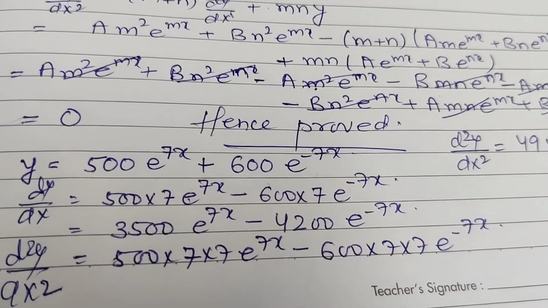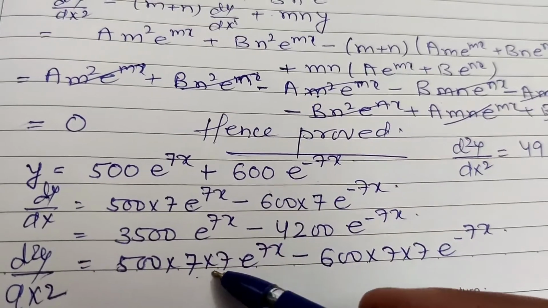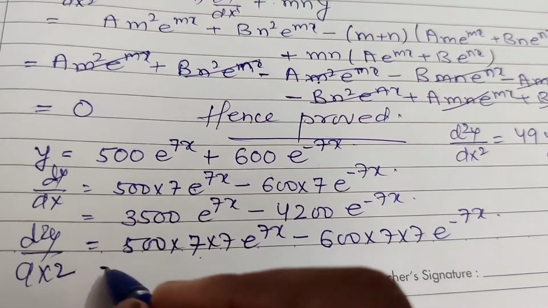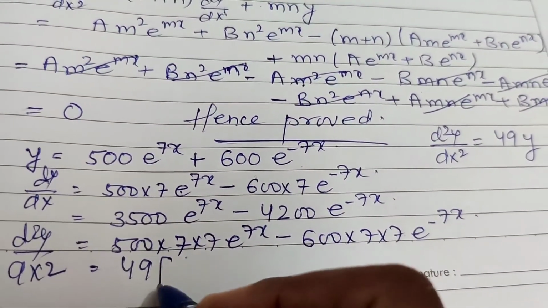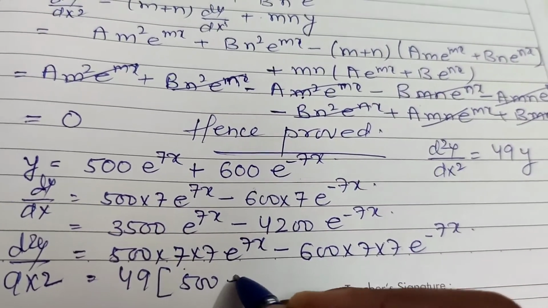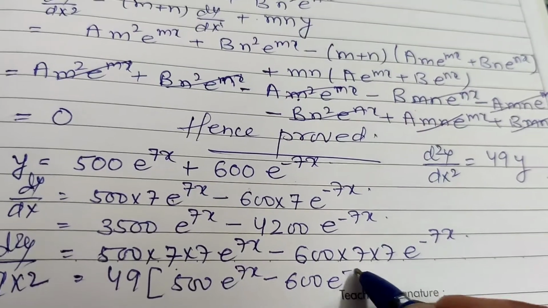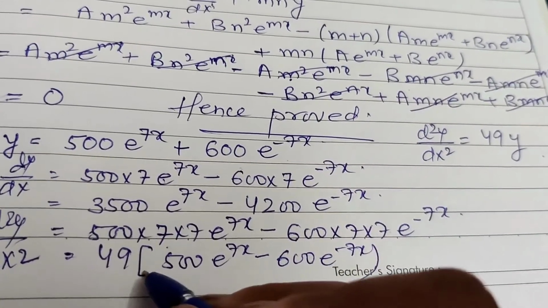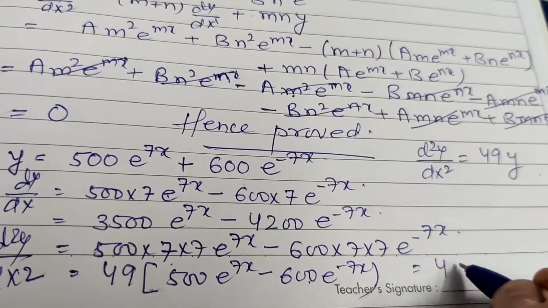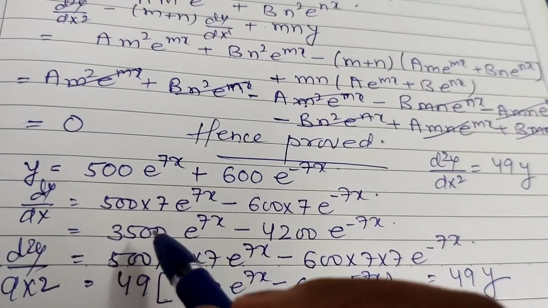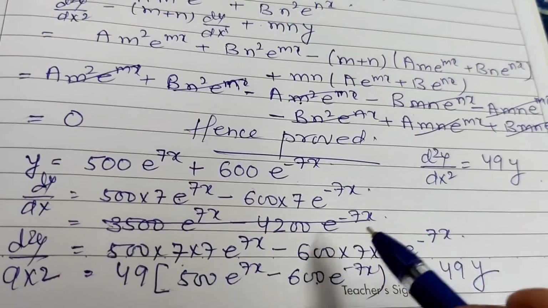So now 49 common: 500 e raised to power 7x minus 600 e raised to power minus 7x. It is equal to 49y. No need of this term. Simplify.